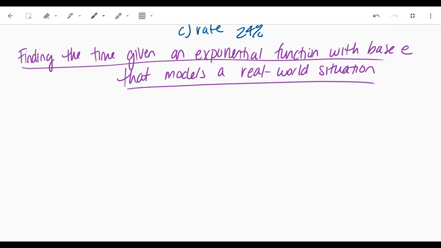Okay, so this one we have Ahmad places a bottle of water inside a cooler.